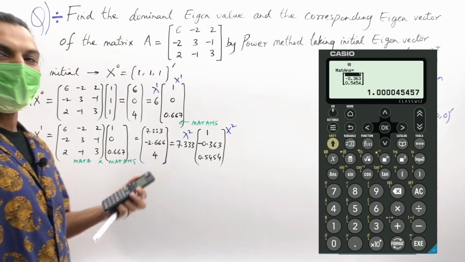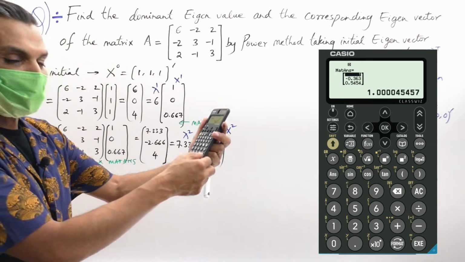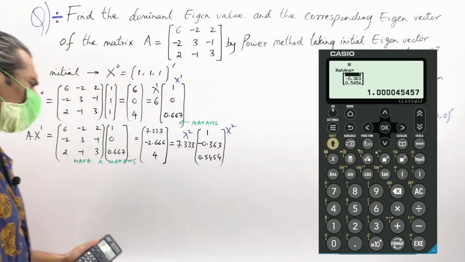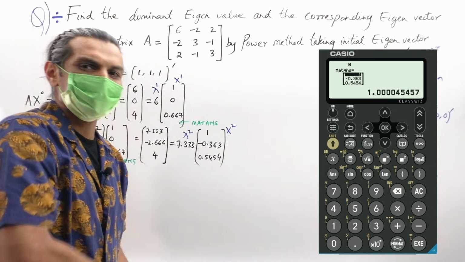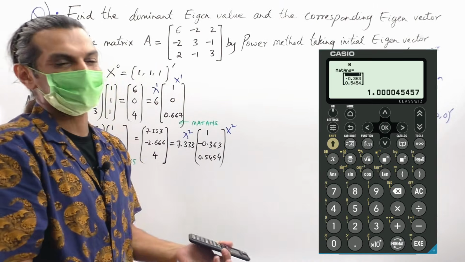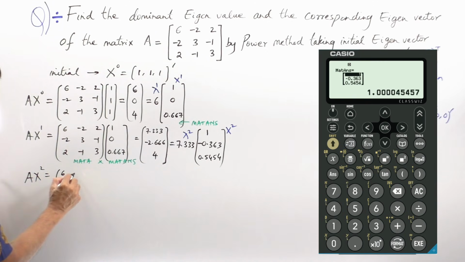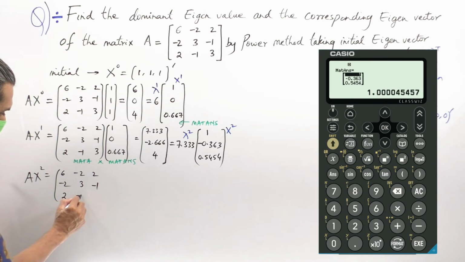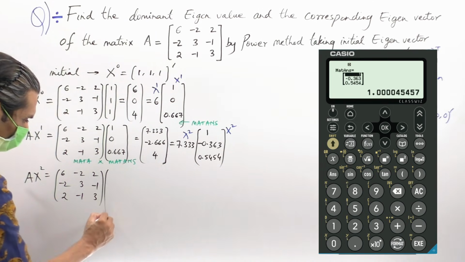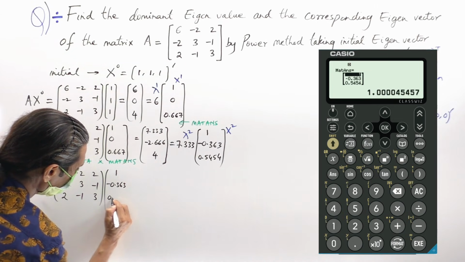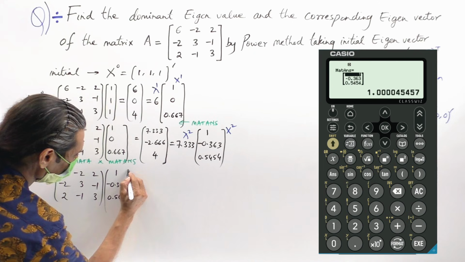That's it. Again, when I press execute here, this value gets stored in Mat Ans. So again simply do nothing. Again matrix A into Mat Ans. Keep on repeating this circus till you get the answer. I'll show you where to do it. Again A into x2 equals 6, minus 2, 2, minus 2, 3, minus 1, 2, minus 1, 3, into 1, minus 0.363 and 0.5454.